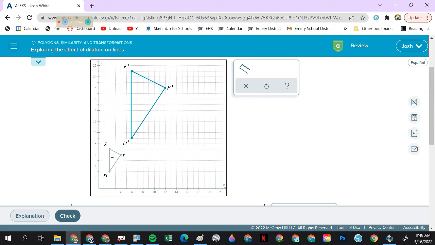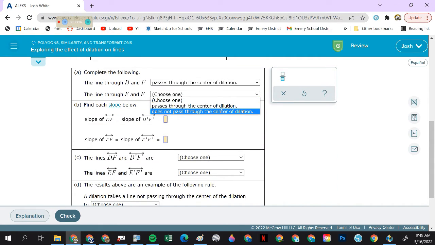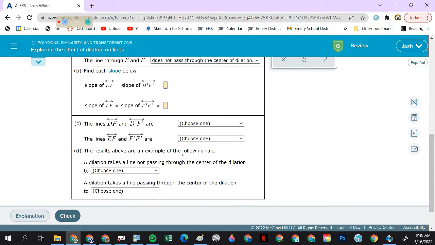So you can guarantee in every figure, every line will either create a new line that passes through the center of dilation, or it will create a new line that's parallel to the original. So this one does not pass through the center of dilation. And then you'll find the slope of DF. If you know the slope of DF, you know the slope of D prime F prime. Those two are going to be the same.